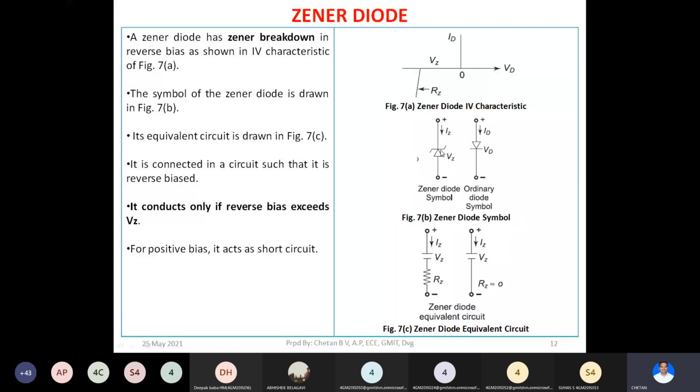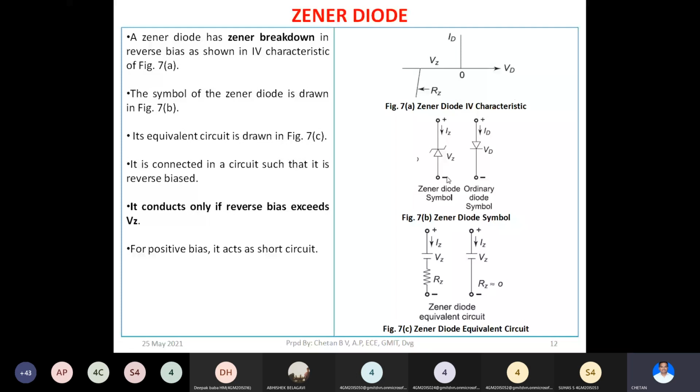And the second difference in this Zener diode symbol is, as this Zener diode is usually operated in reverse biased condition, we can see the flow of current. So the current flows from cathode to anode, and cathode is always connected to the positive terminal of the supply, and anode is connected to the negative terminal of the supply, because this Zener diode should be operated in reverse biased mode.